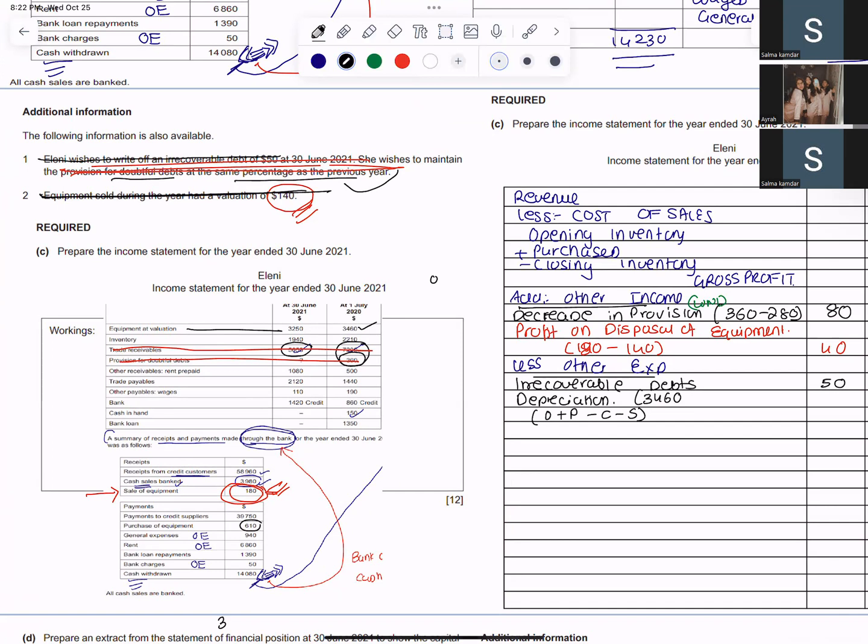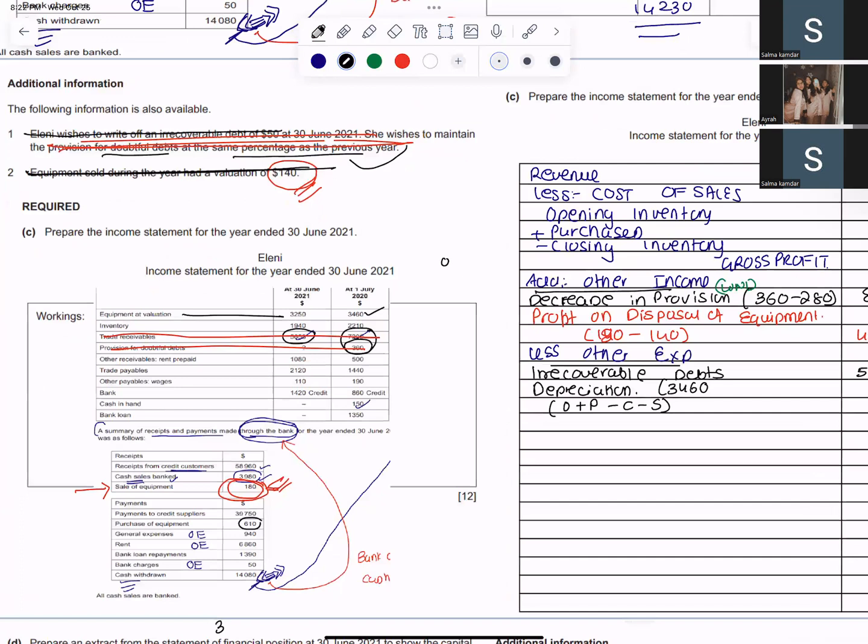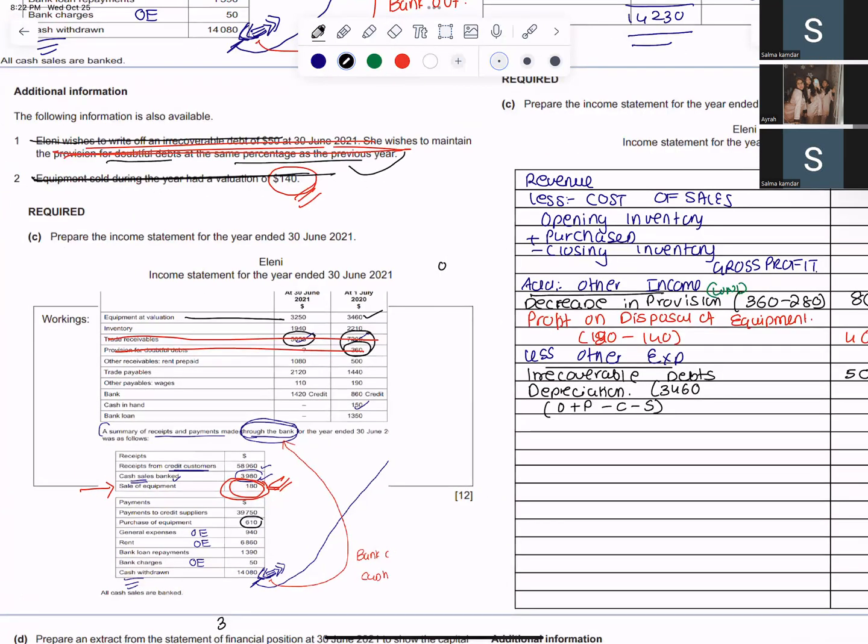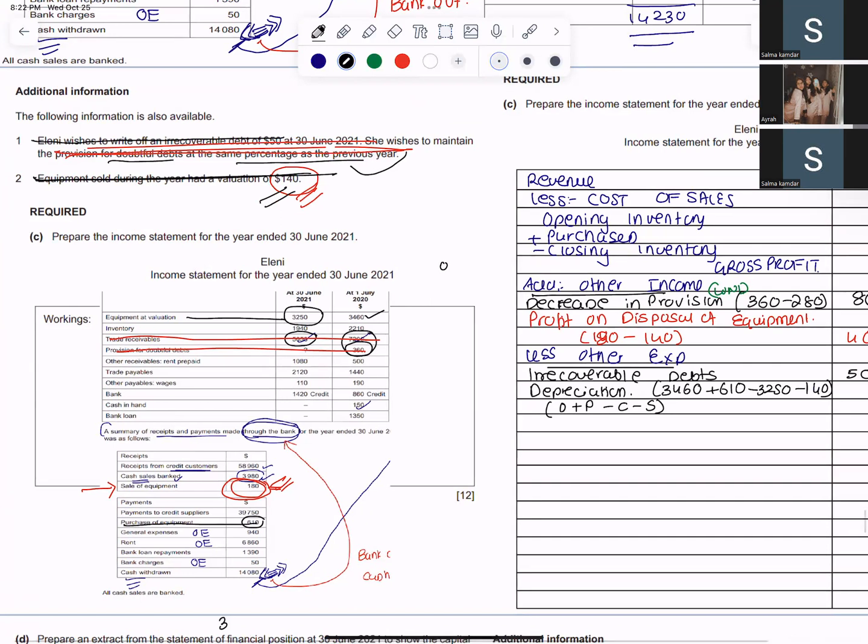Yes, purchase of equipment 610. Closing value of equipment 3250. Minus sold, 140 or 180? 140. We'll take only the valuation.